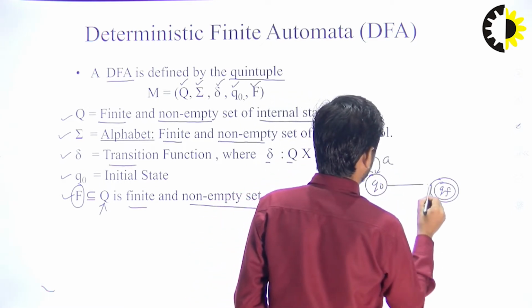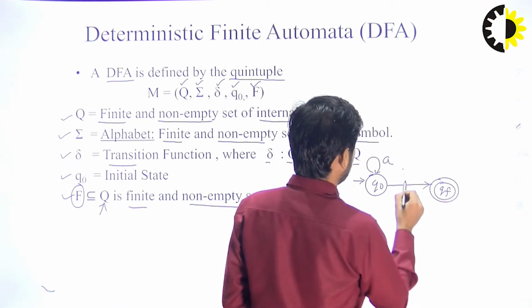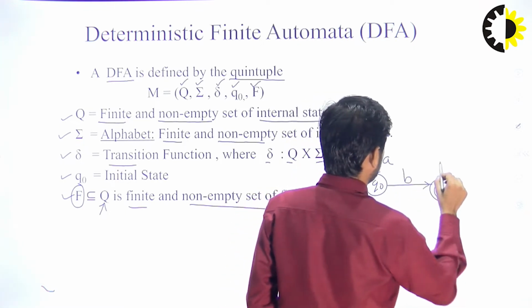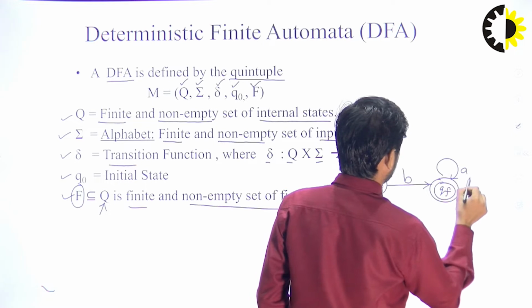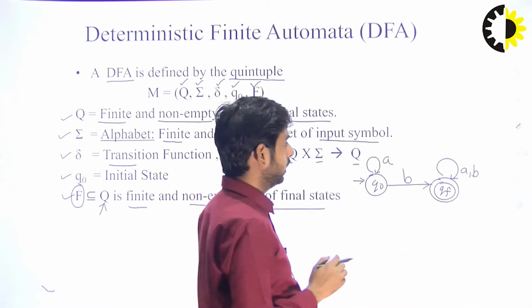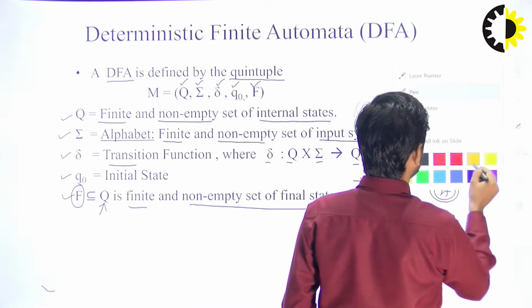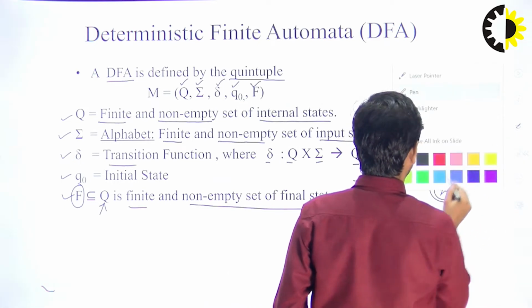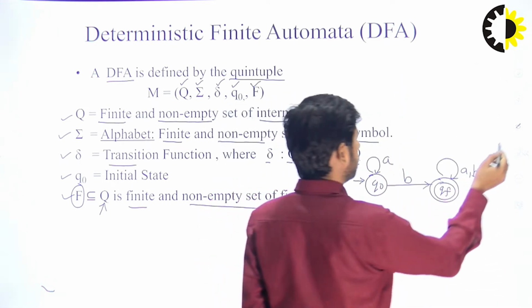On A it goes to Q node, and on B it goes to QF, and on A and B from QF it goes to QF. Suppose this is a small DFA. Why is it DFA? Because here each and every state is defined.